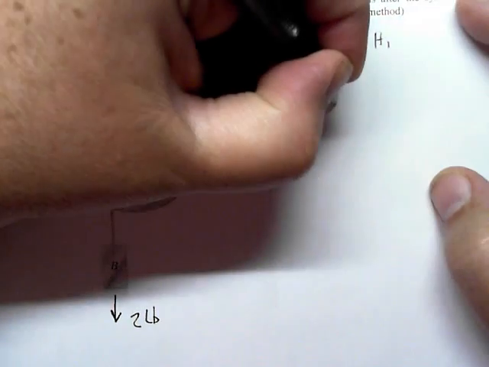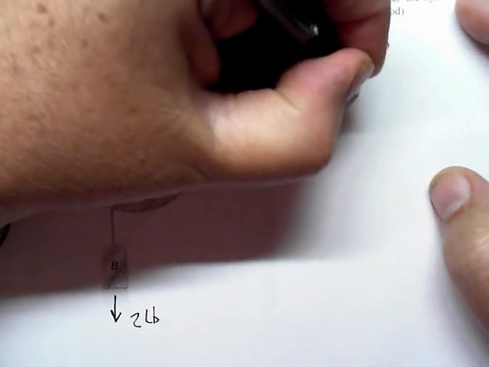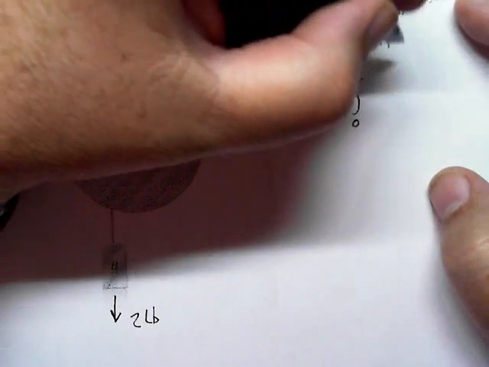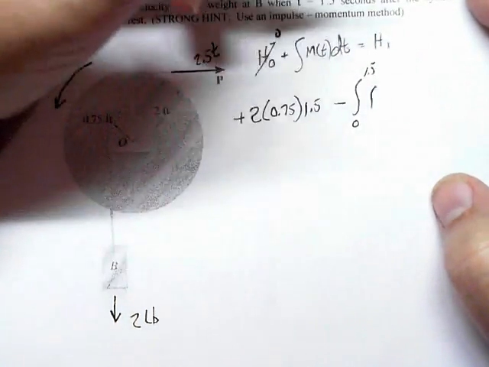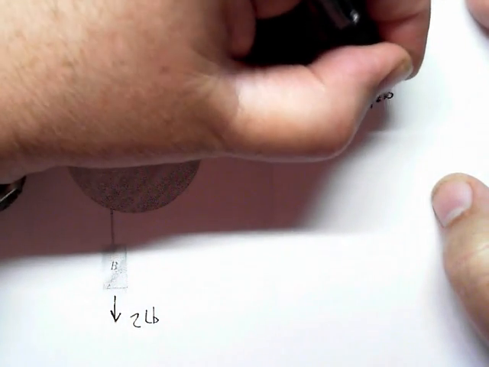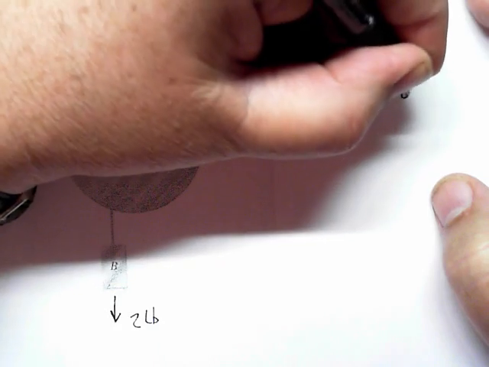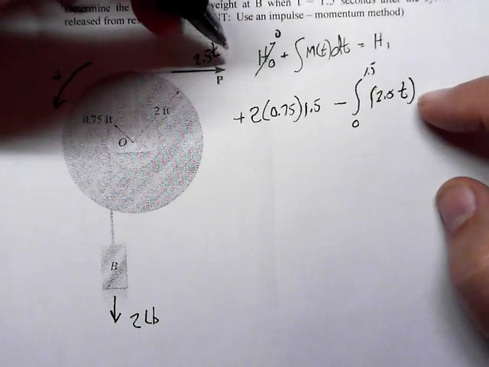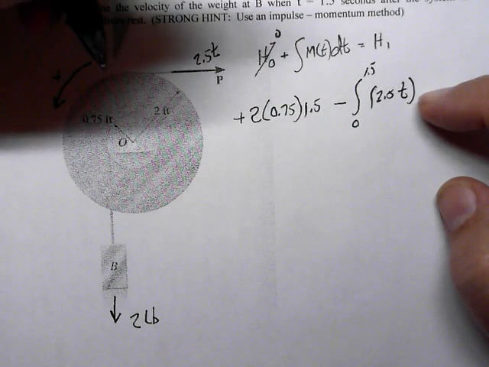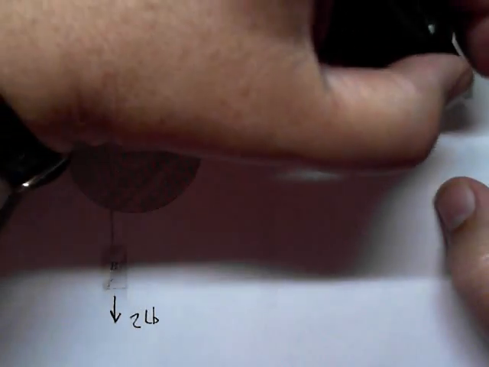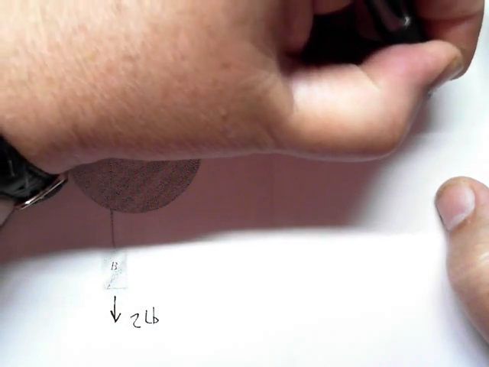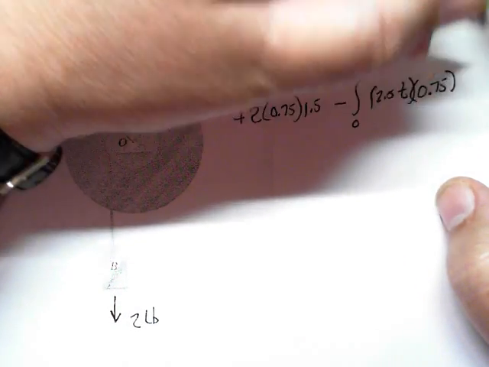And then we're going to have a minus the integral from 0 to 1.5 of 2.5 t, that's the force, times a distance of 0.75, dt.